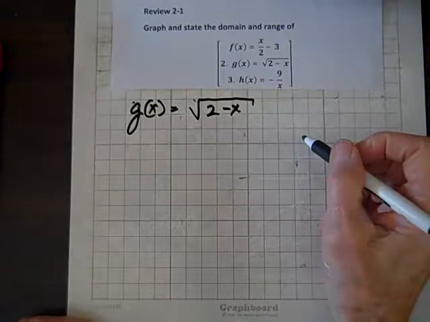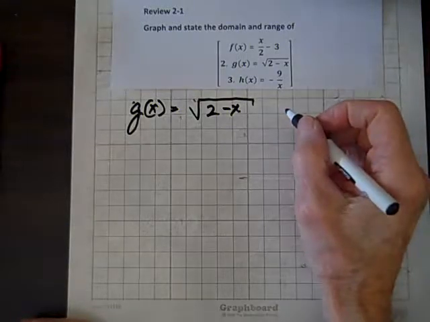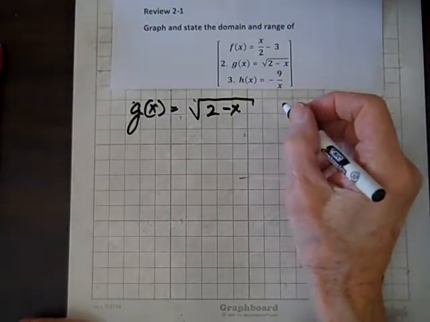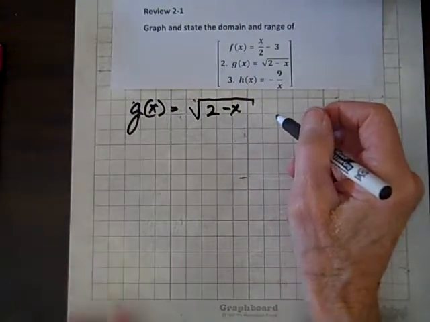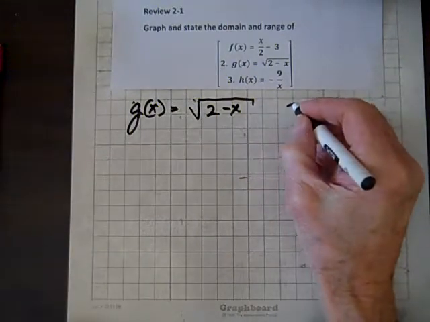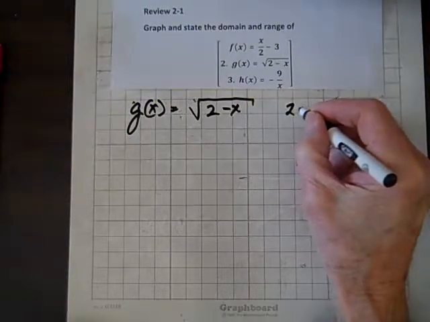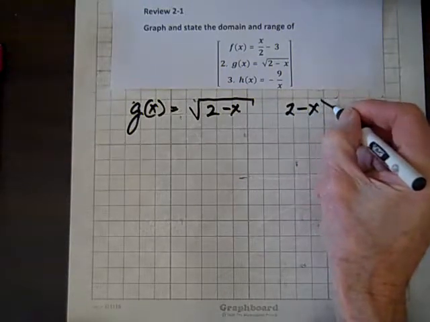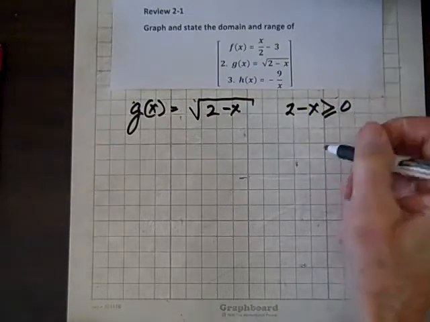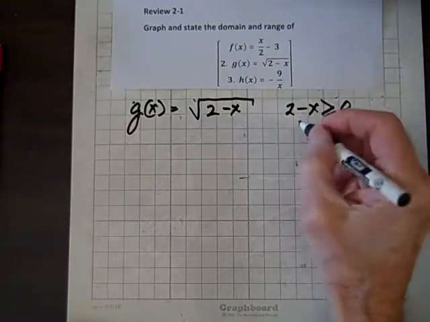Now we have to deal with g of x equals the square root of the quantity 2 minus x. So let's find the domain. As you know, anytime we have a square root of something, we set that something greater than or equal to 0, and we solve.